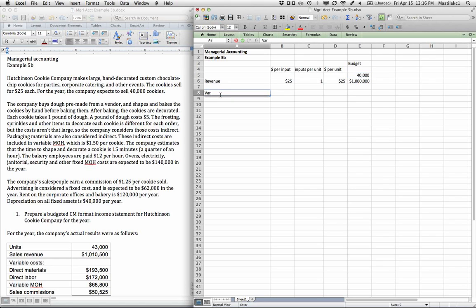All right, now let's look at our variable costs. The first thing we're going to look at is direct material, and in this example, it'll just be the dough. So here's what we're going to do. Our dough is in pounds. And what we're going to say is that the dough that we use costs $5 per pound, and there's 1 pound per cookie.